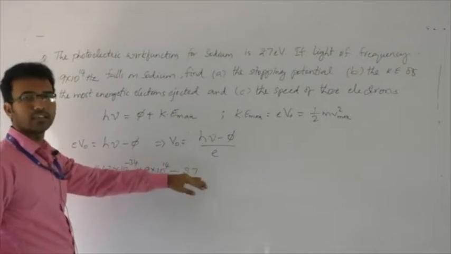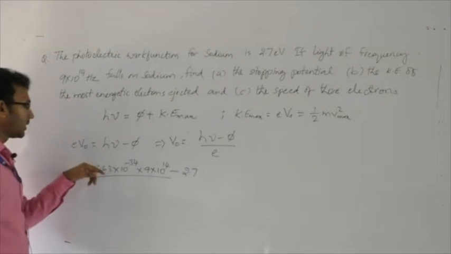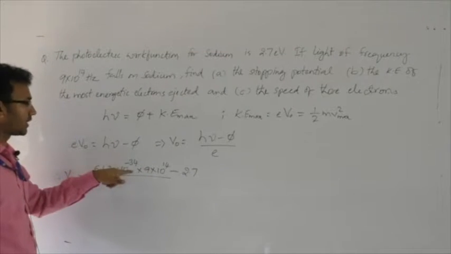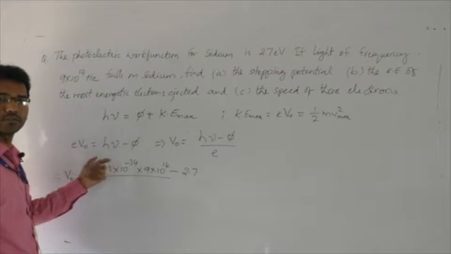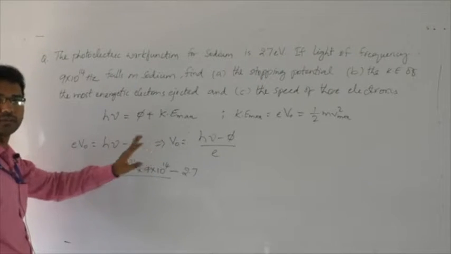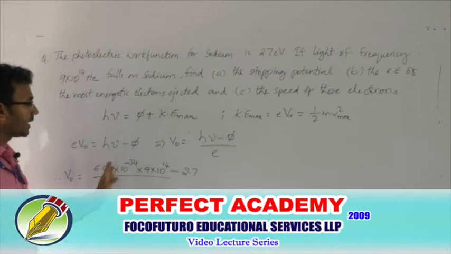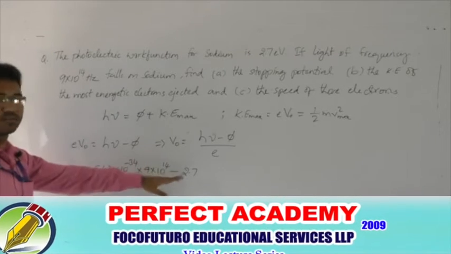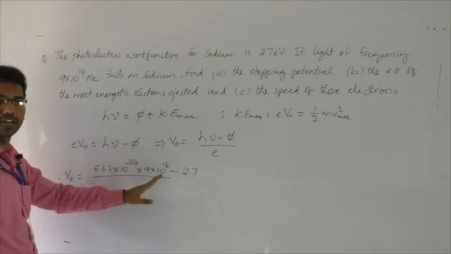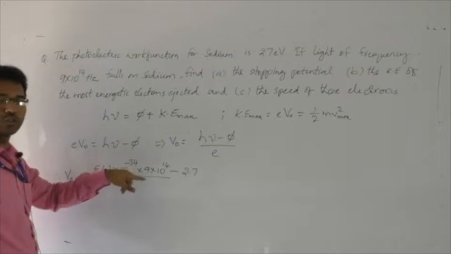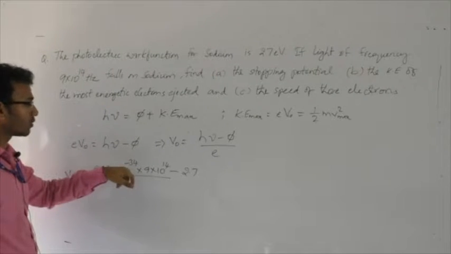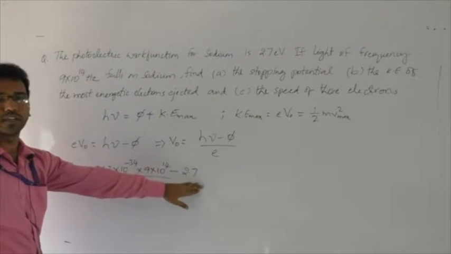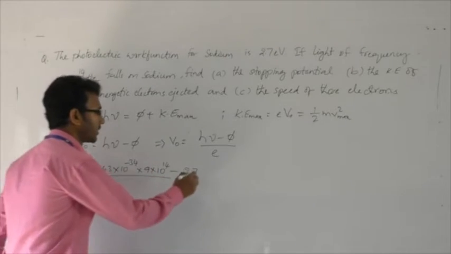We have to convert that into joules. Why? Because the unit for Planck's constant is joule second. We are taking energy in terms of joules, so everywhere we have to use the same units. We cannot directly subtract electron volts from joules like that. The energy unit should be the same everywhere. So since we have joules here, we have to convert this electron volts into joules always.